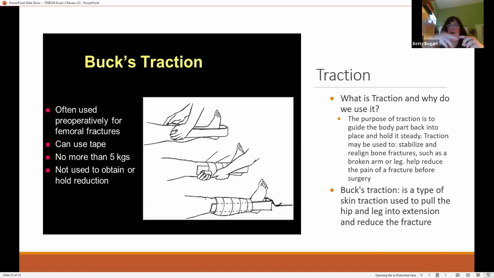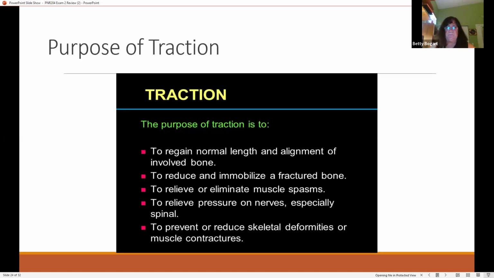All right. And there's a weight on the end and it pulls it. So it holds the body stable because you want to keep that bone straight. All right. So we never take off that traction and we keep it straight until they go to surgery.